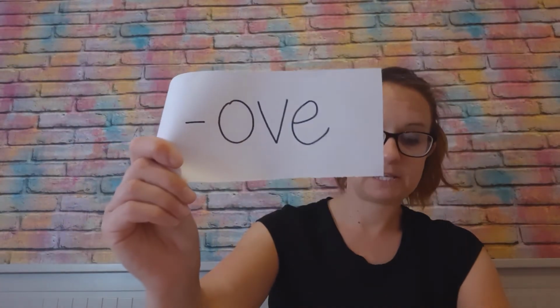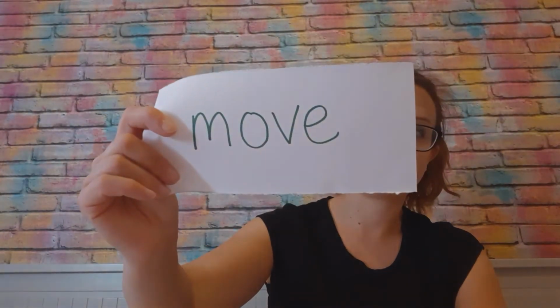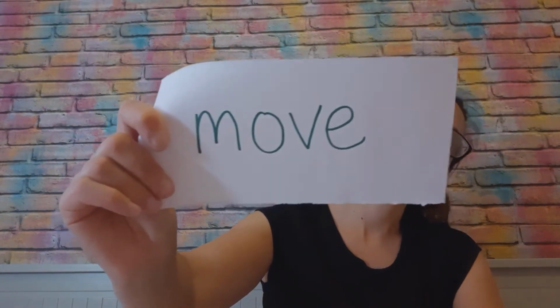Now there are some times when the OVE doesn't say of, it says oov. This is the most common word, so I've written it in green for you because it's different. This one says move. A good way for you to figure that one out is you think, the OVE generally says of, I'm going to sound this one out, of. Mov, that doesn't sound right, I need to try one of my other combinations or sounds that it might say.